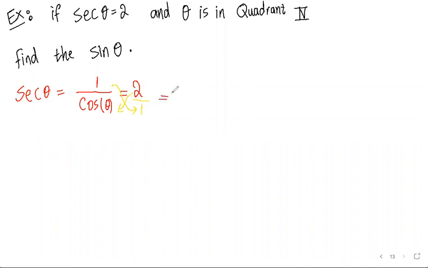So 2 times cosine of theta equals 1, so cosine of theta equals 1/2. I divide both sides by 2. So the cosine of theta is 1/2.